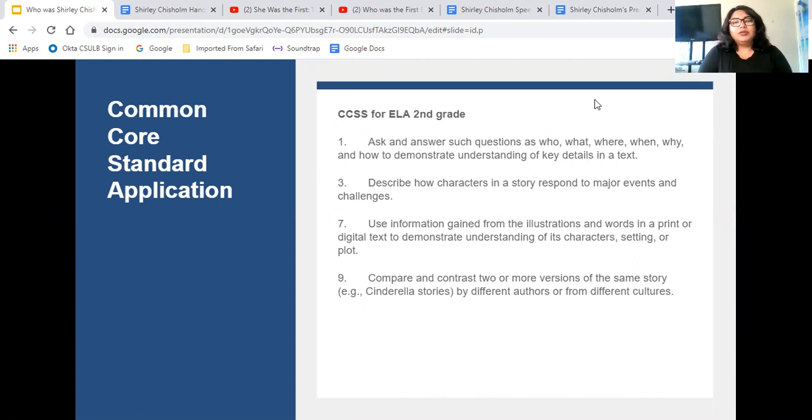Also, describe characters in the stories, use information and illustrations or words in print or digital text to demonstrate understanding of characters, compare and contrast two or more versions of the same story, different authors, different cultures. So maybe compare different biographies that we look at and compare it to her speeches.